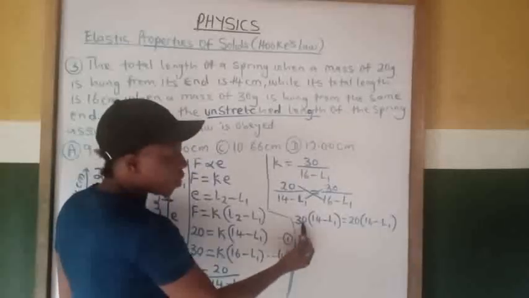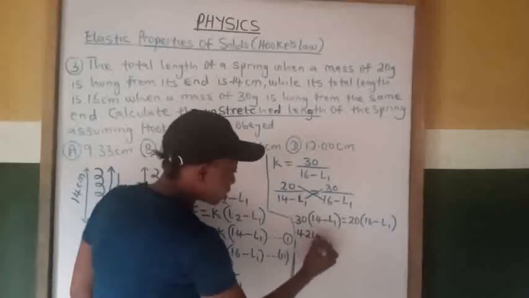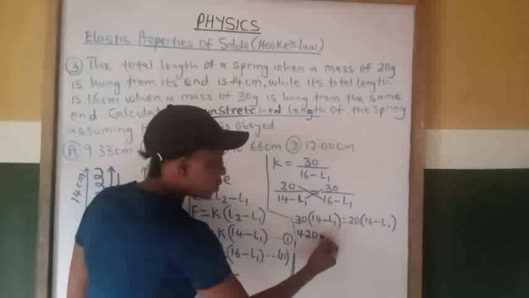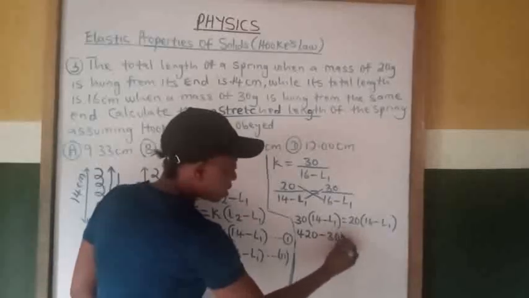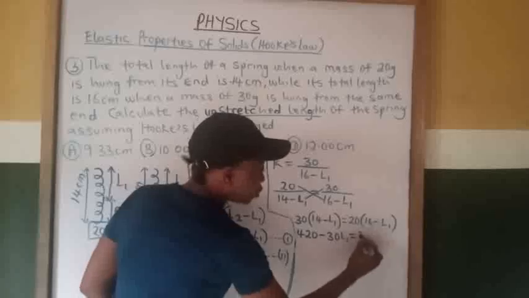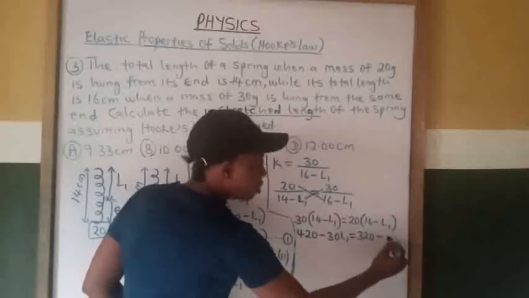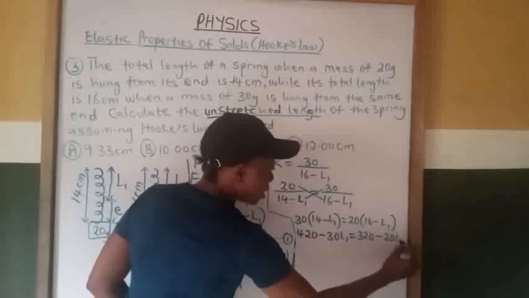So let's open the bracket. 30 times 14 will give us 420. 30 times L1 will give us 30 L1. Then equal to 20 times 16, that will be 320, minus 20 times L1, which gives 20 L1.